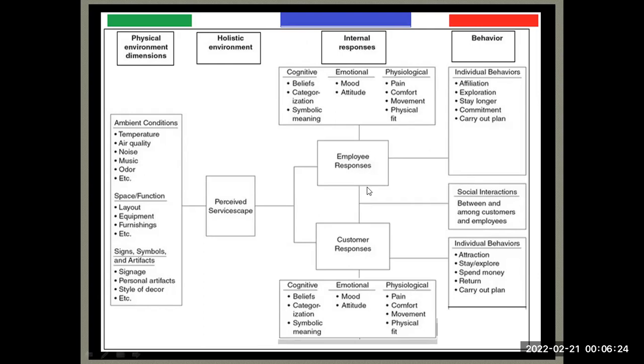One thing we missed is the social interaction between and among customers and employees. Depending on the internal responses of the employee and the customer, they will start interacting among themselves. The employee and customer will talk with each other.